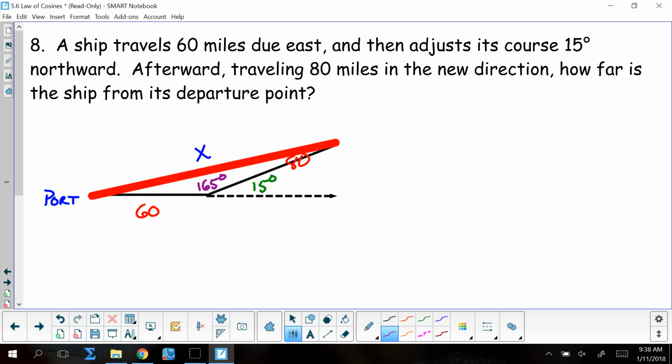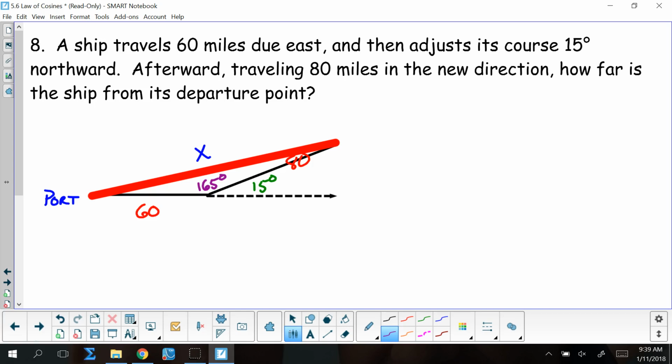Okay. Now do I have enough information to solve for x? So how am I going to solve for x? Law of cosines, right? Because it's a side angle side case.